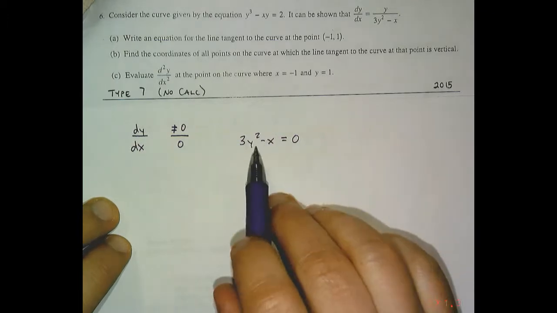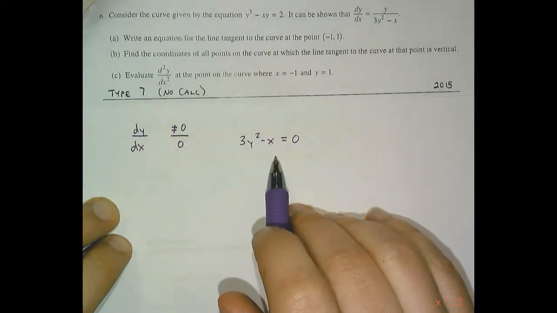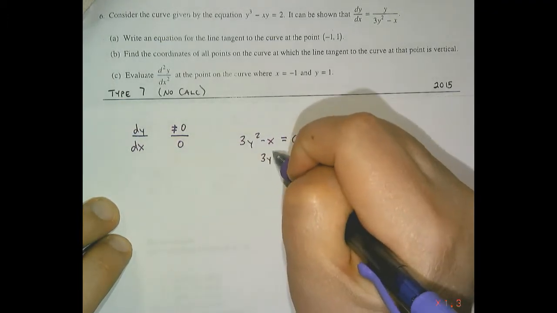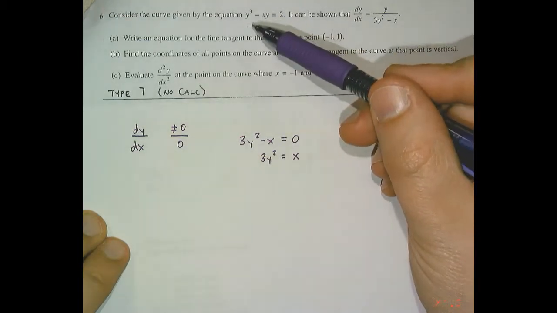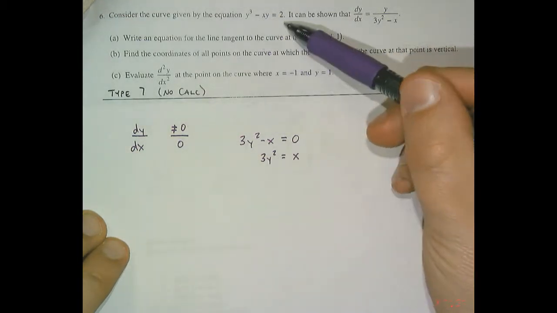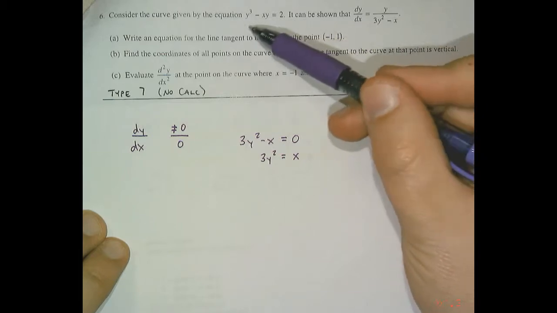Now this is a two-variable equation, so it's not solvable until you introduce a second equation that relates x and y. And they give us an equation to start off with of the implicitly defined curve, which is an equation in x and y.